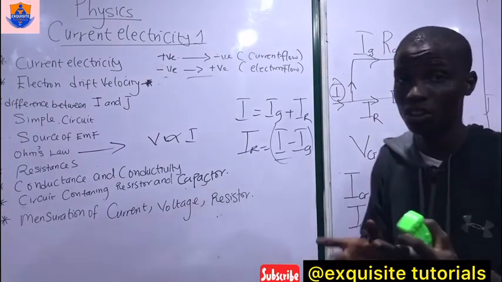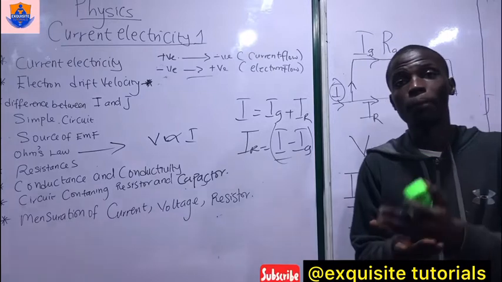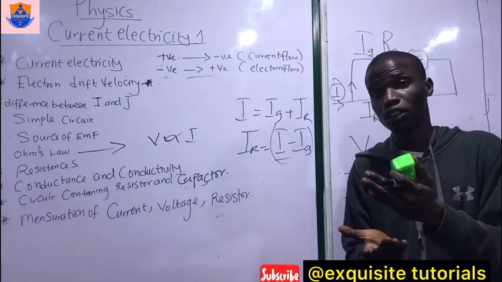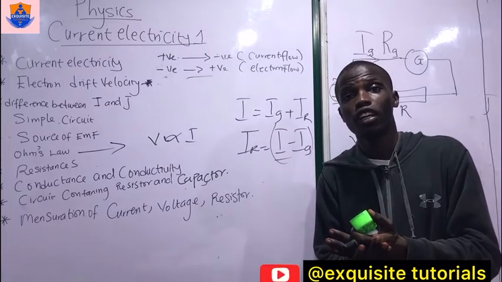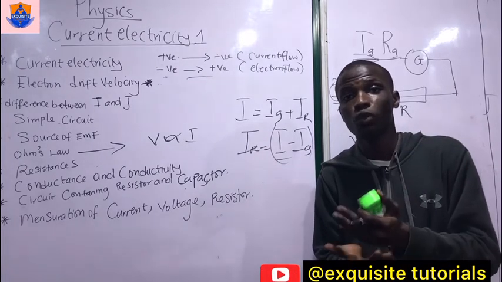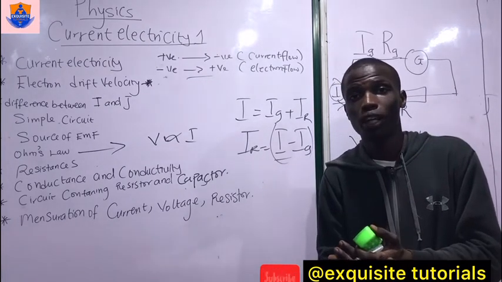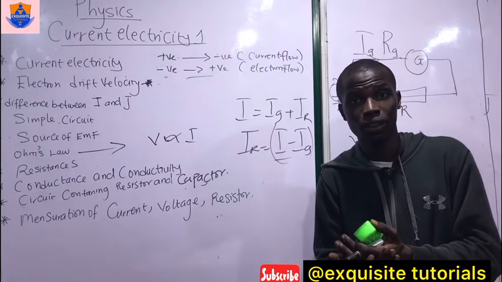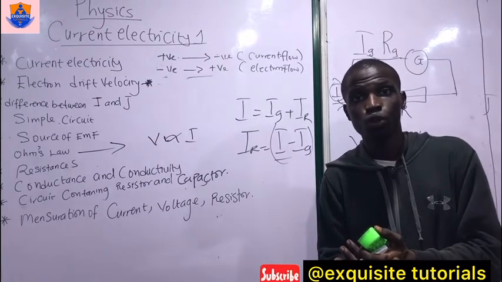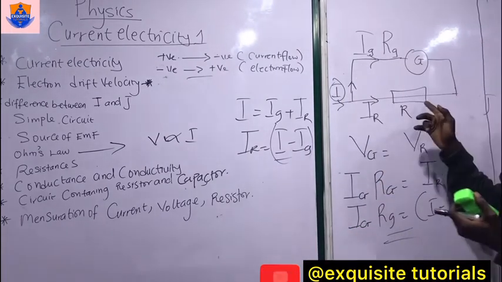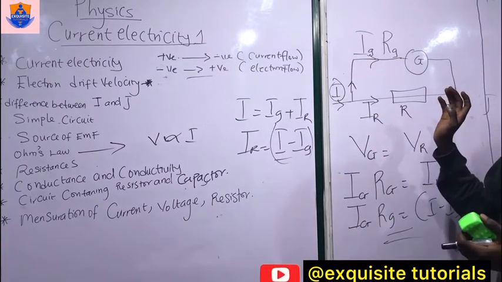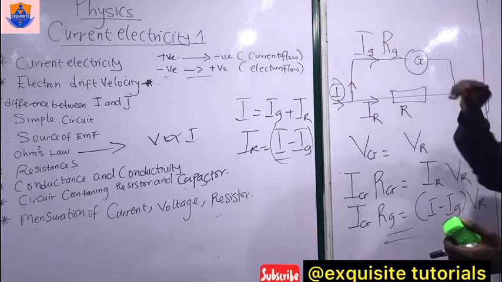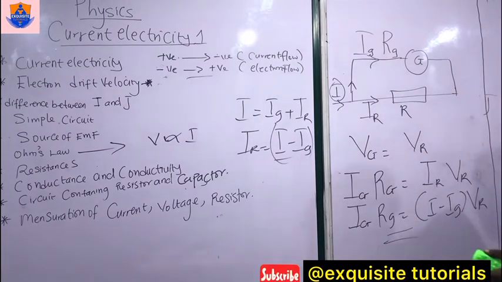But majorly, why they use this is that if you want to amplify current, you want to increase the value of current flowing through a galvanometer, you have to connect a shunt in parallel to it. In that way, you have increased the current. That's what you are trying to increase. So that is that.